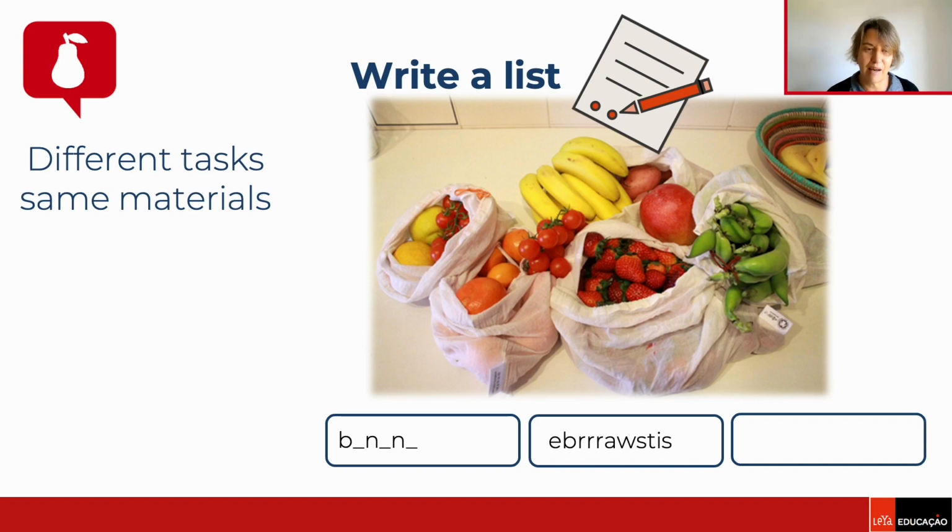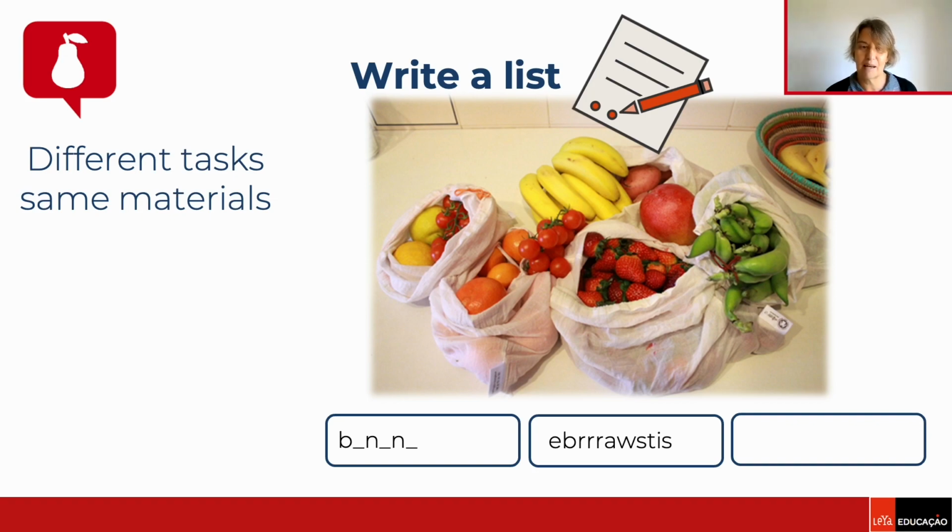So again, you could have one group get the first column, right, where they have to fill in just the missing letters. Obviously, I've only put one word here, but they would have a list of words written like this. Another group gets jumbled words, right? So slightly more challenging. And a third group don't get anything at all, right?